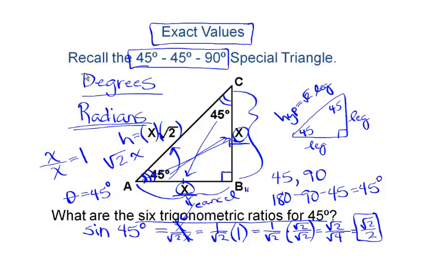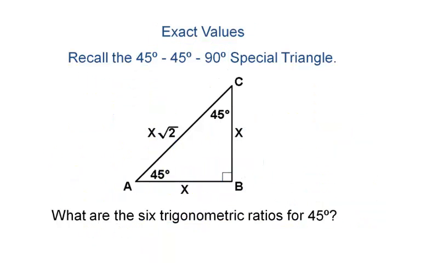All right? Let's talk about cosine of 45 degrees. Let me get rid of some of this mess. The sine of 45 degrees we said was root 2 over 2.